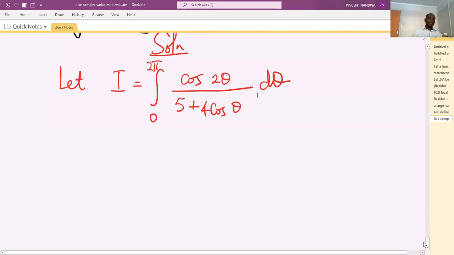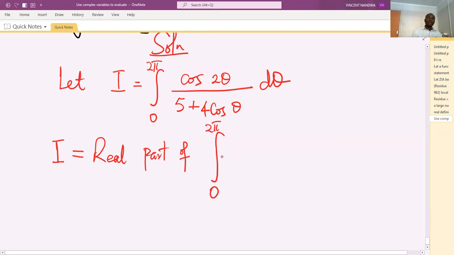So this integral, we now want to change it into the general form. It can be described as the real part of the integral from 0 to 2 pi. Now when I introduce the term real part of, then I have to have the i part in the integrand.